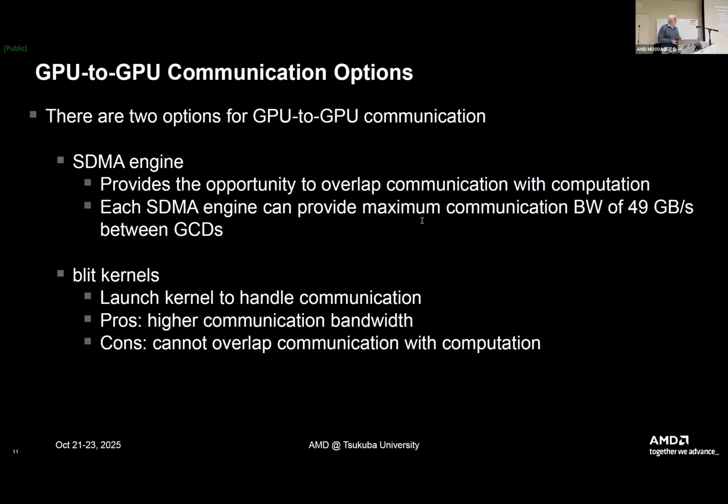The advantage is that we can overlap communication and computation, because we freed up that SIMD unit to do computation while the data is transferring. So the blit kernel is just like the kind of kernels we've been writing. Call the kernel, and it can drive a higher bandwidth. So it's going to get higher results, but we're using up more resources.